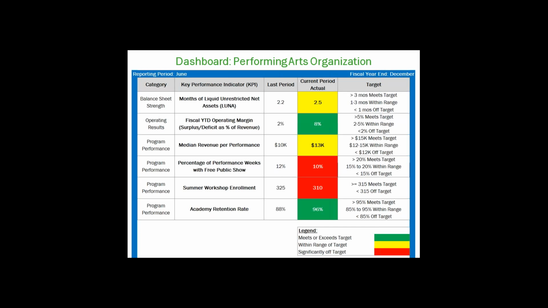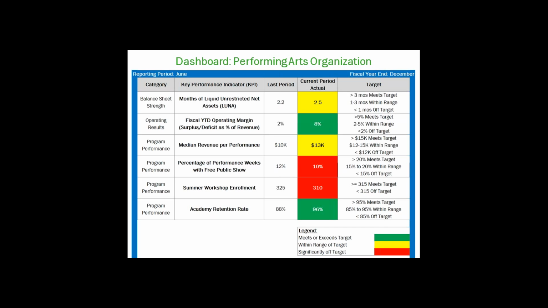Yeah, why, again, in this particular case, you've got liquid unrestricted net assets as a real focal point, as efficiency was in the healthcare one. Can you talk about why that is so important in a performing arts organization? Absolutely.